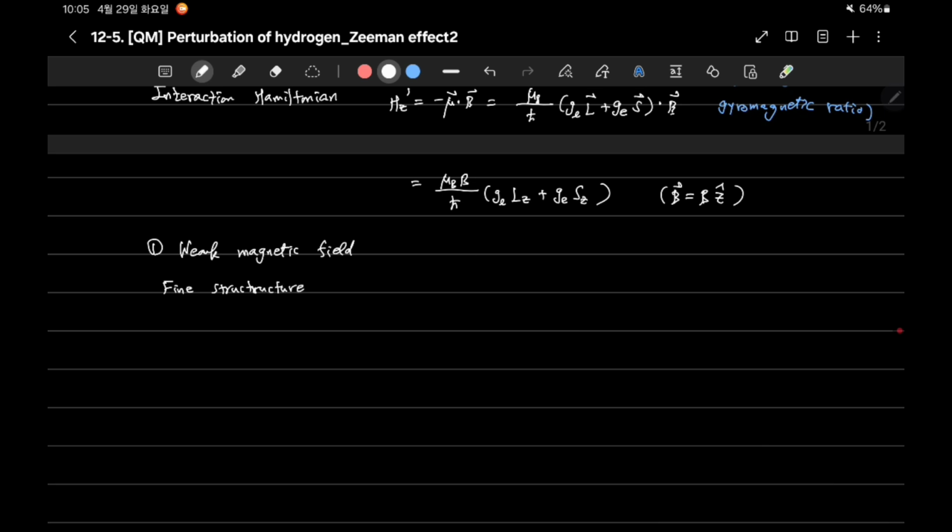The basic idea of perturbation theory is that the Hamiltonian consists of an unperturbed Hamiltonian plus a perturbed Hamiltonian. In the previous case, we dealt with the fine structure, like the relativistic effect or the spin-orbit coupling effect, as a perturbation Hamiltonian. But here, after calculating the perturbation Hamiltonian, it is solved, even though it is first order.